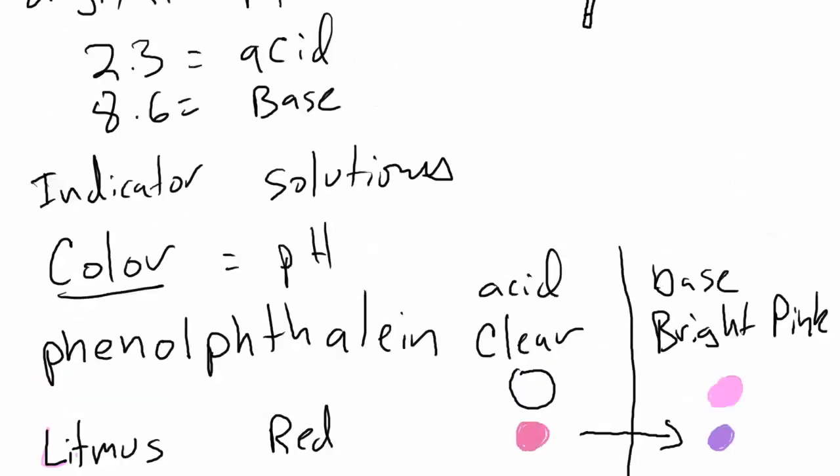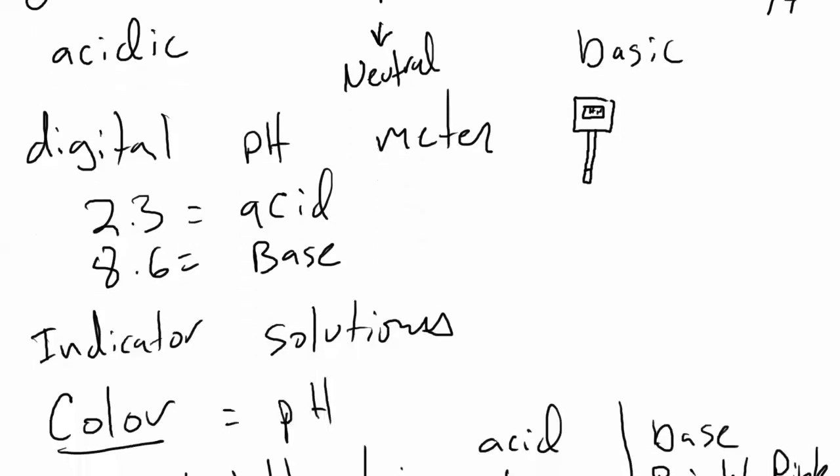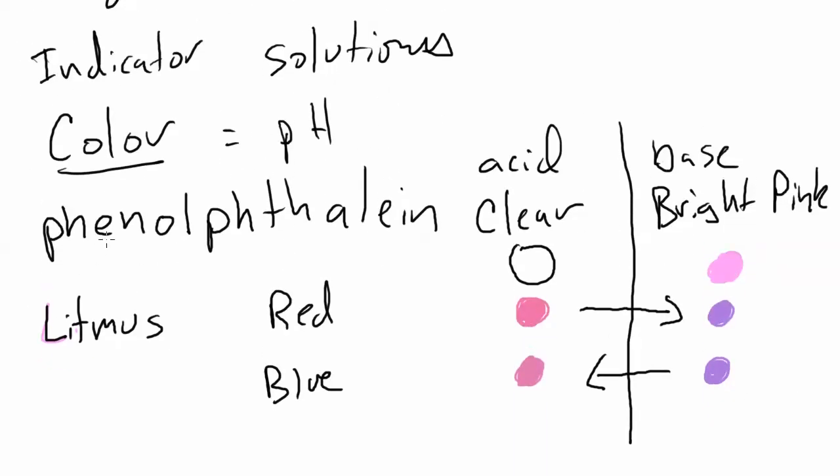So make sure you understand the pH scale and how that works. Make sure you understand how a digital pH meter works and what you do with the number that you get out of it, how you can tell if something's an acid or a base. And then make sure you can remember these three indicator solutions and how they work when you put them in different acids or bases.